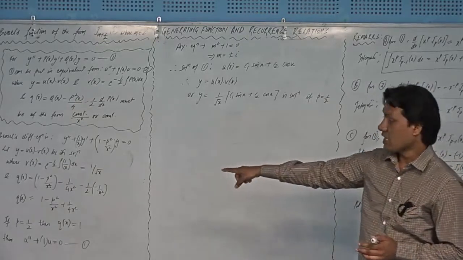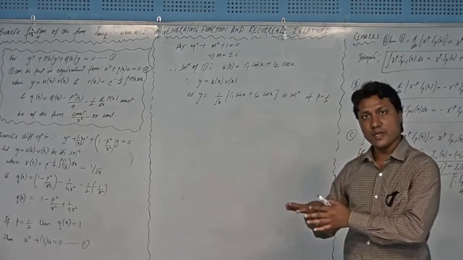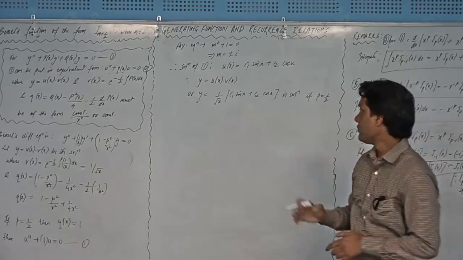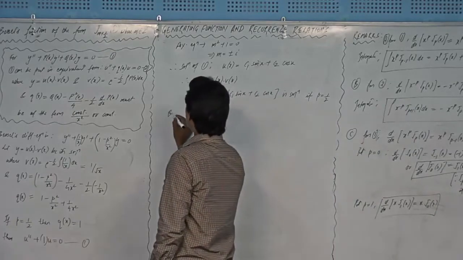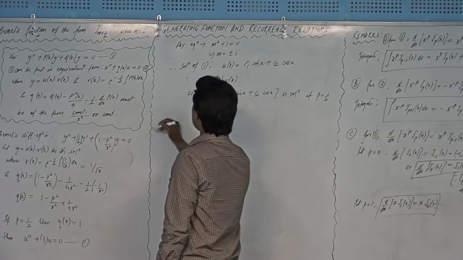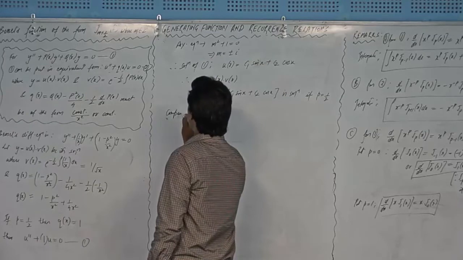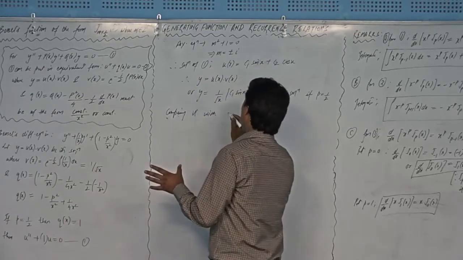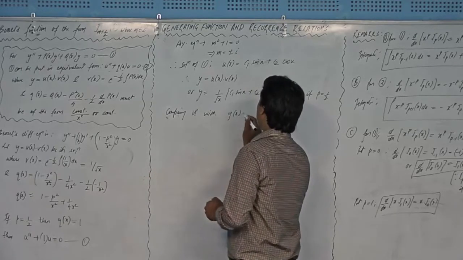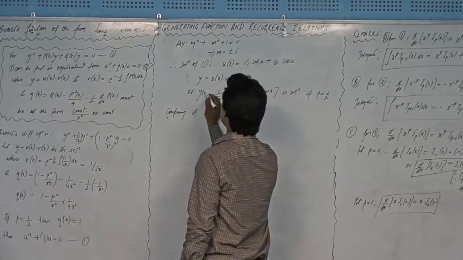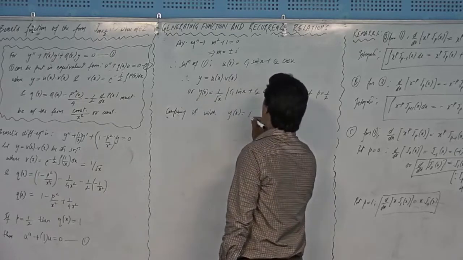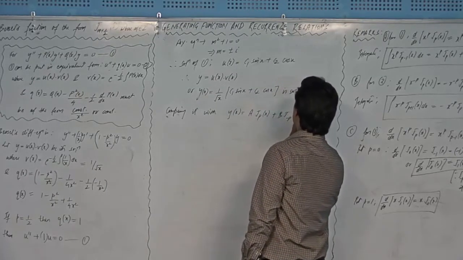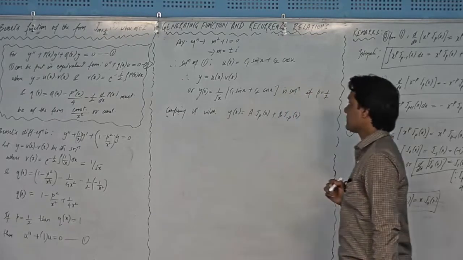So here in my case p is half, this is a non-integer, so I have to compare it with the solution of case 1, right? And that was of the form, or I should write it as, comparing it with the solution that was y(x) equal to capital A Jp(x) plus capital B J of minus p(x), right?